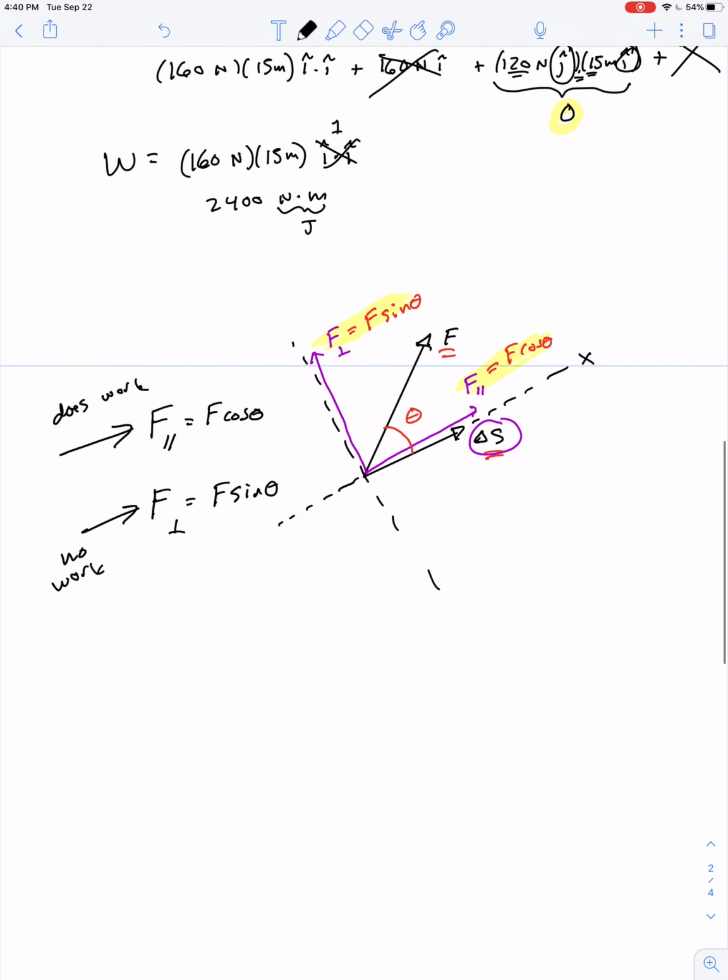And so in the end, we can calculate work by multiplying the component of force parallel to the displacement times the displacement. And notice I didn't give a vector notation here, and I didn't put a dot or an x in between the two. I'm no longer taking a product of two vectors because I'm just giving amounts here. This is a scalar product.